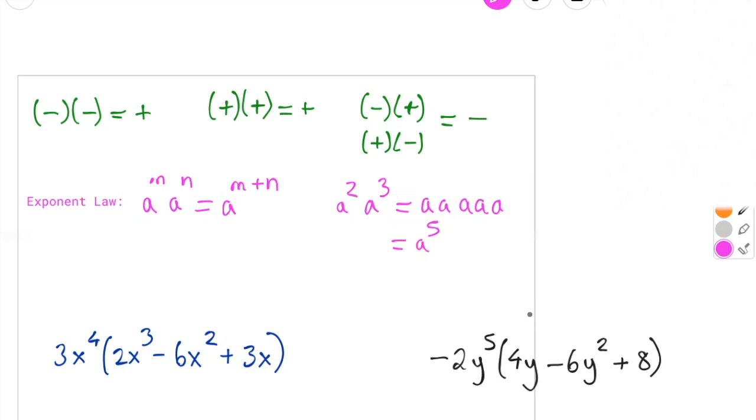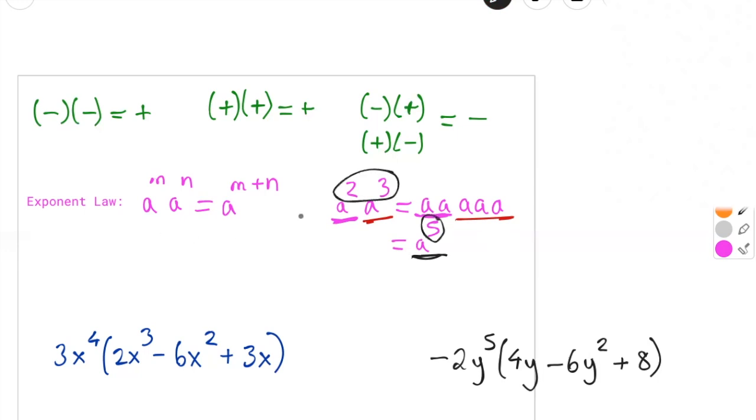But you can use this example to believe the property that a to the 2 means a times a, and a to the 3 means a times a times a, and when you multiply those all together, you get 5 copies of a, which is written as a to the 5. So think about it, a squared times a cubed, 2 plus 3 is 5.